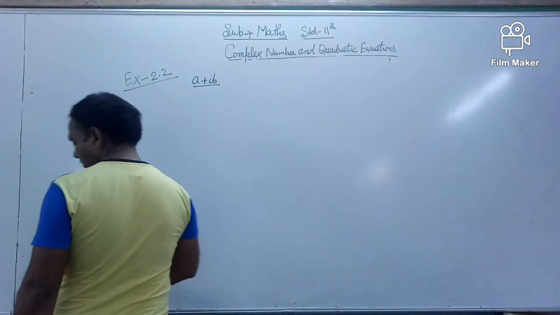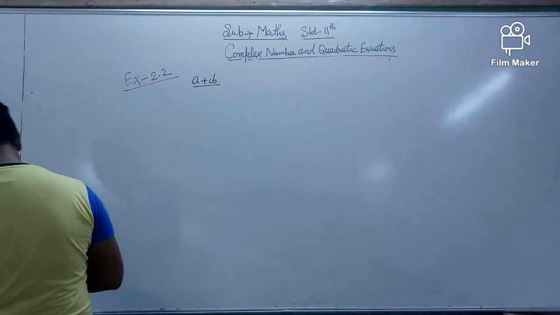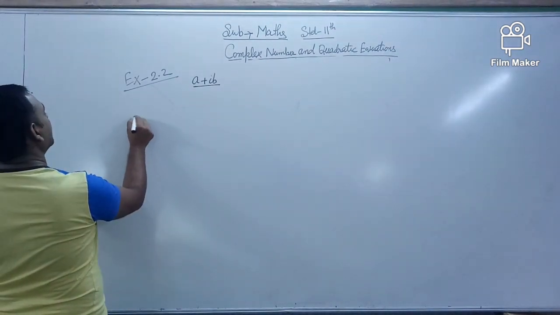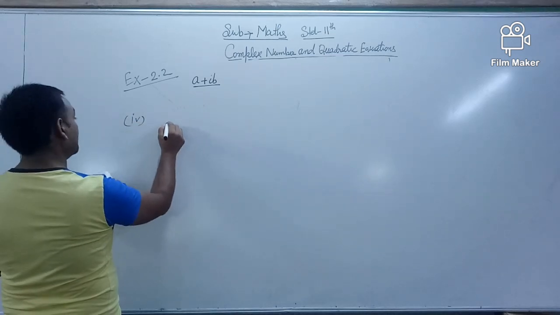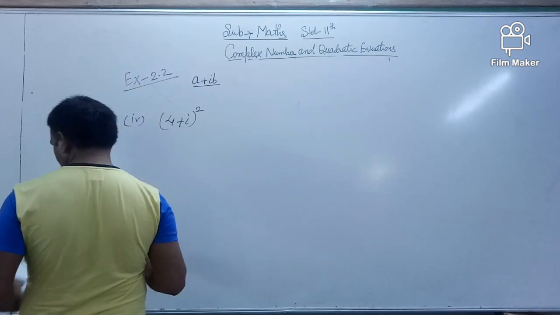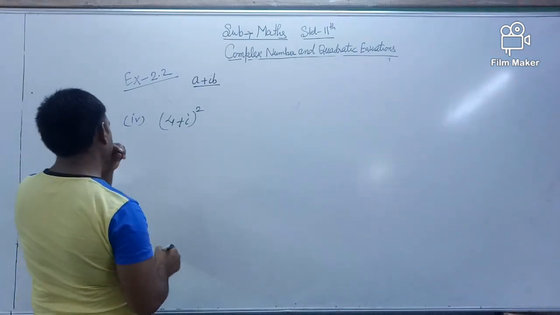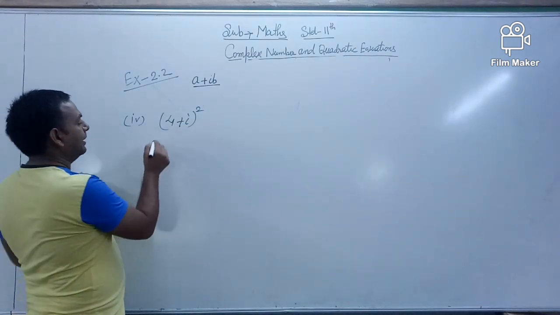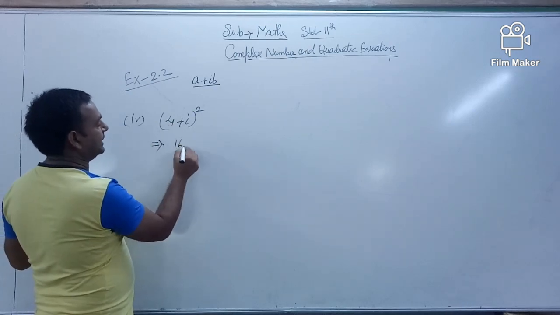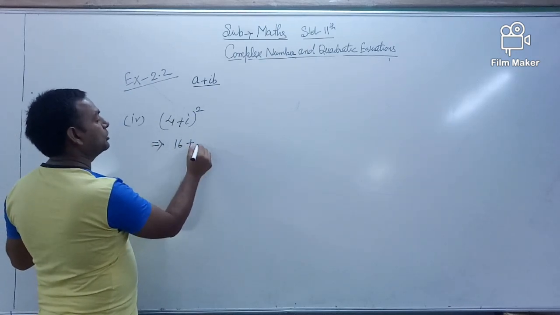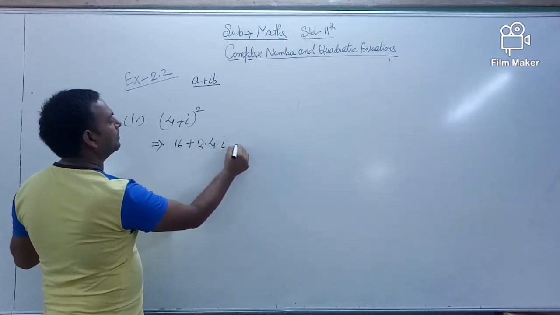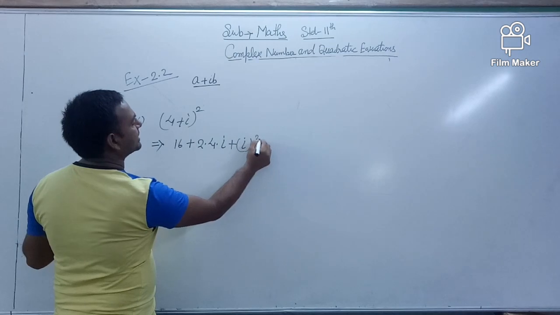The next problem is also to express in the form a plus ib. That is question number 4: 4 plus i whole square. First, squaring, apply the formula a plus b whole square. 4 squared is 16, plus 2 into 4 into i, that is 2ab, plus b square, that is i square.